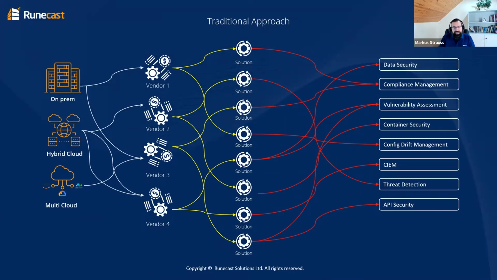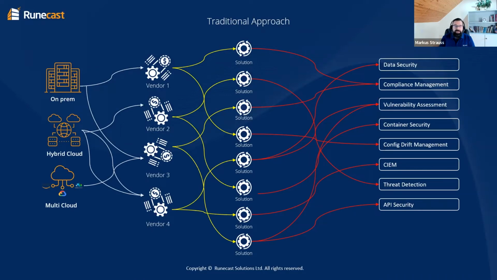And you can see that here in this admittedly somewhat chaotic graph, but it's a very good representation of what you would realistically look at in any sort of mid-sized to larger sized organization where you have multiple different types of deployments and you end up with many different vendor combinations and vendor permutations and solutions, right?